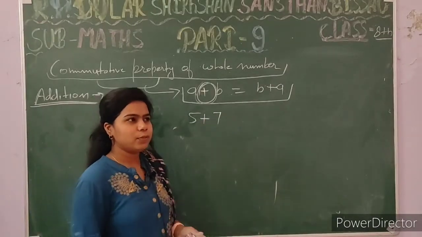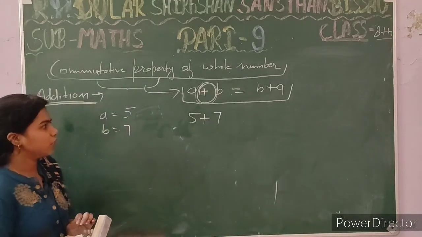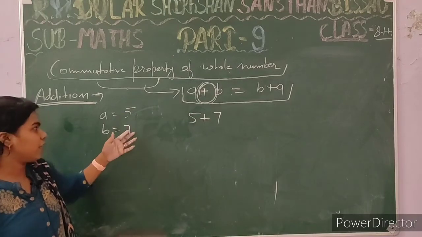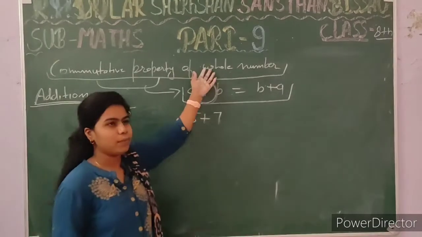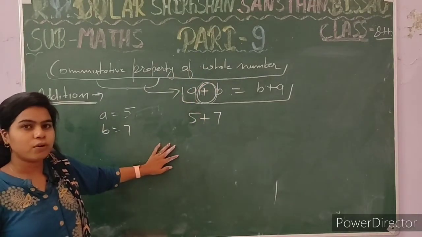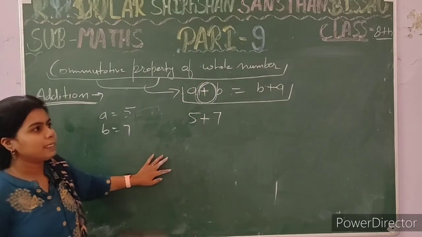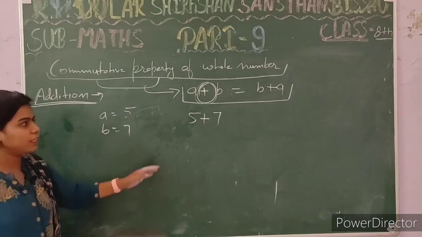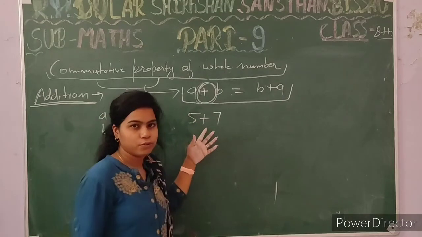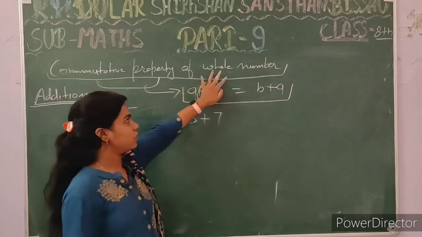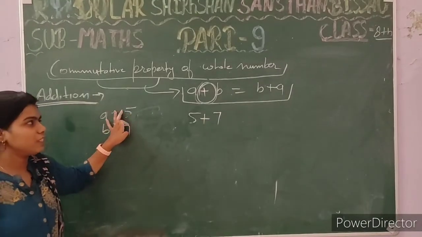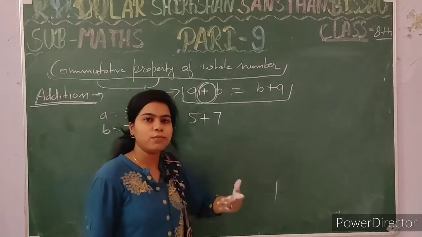Students, always remember that here I don't use minus 5 or minus 7, because for whole numbers, the commutative property of whole numbers, minus is not in whole numbers. We can use minus for integers. If I use integers, then I write minus also, but here it is whole numbers, so we don't write minus, because whole numbers start from 0.